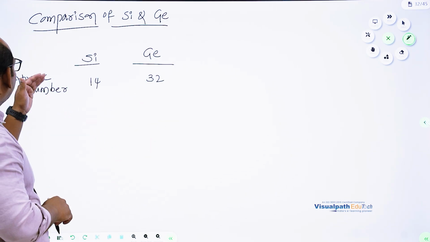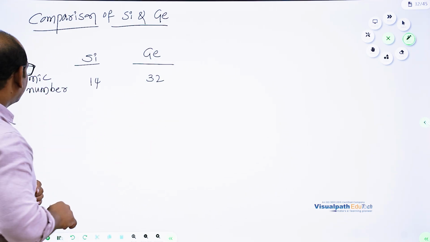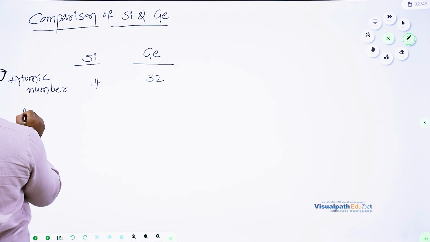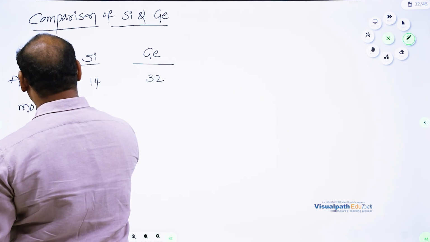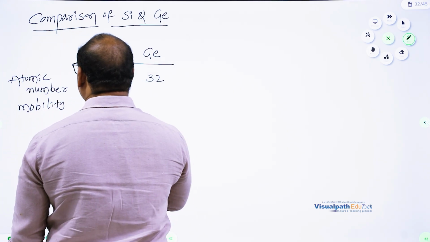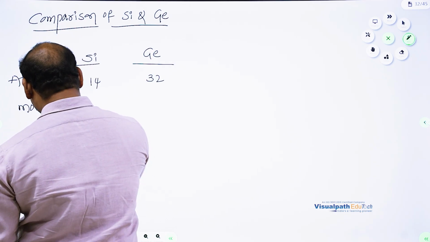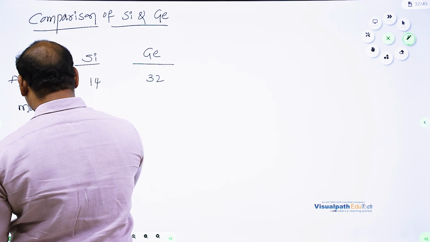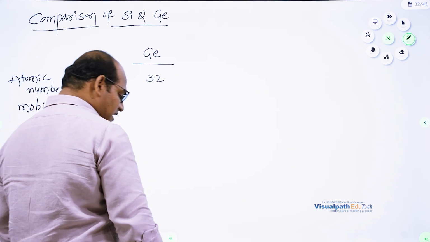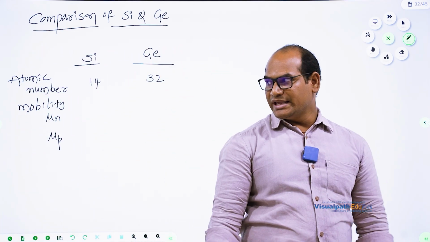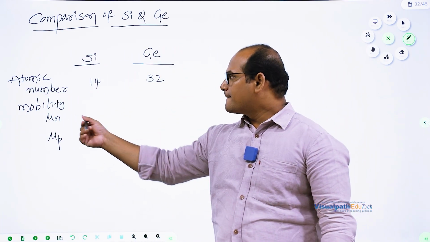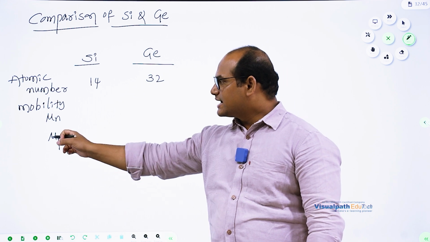Then if you take mobility, that is nothing but mu. Mobility is indicated with mu. Mobility is there for the electrons and for the holes also. Mobility of the electrons is indicated with mu n, suffix n, and mobility of the holes is indicated with mu p.